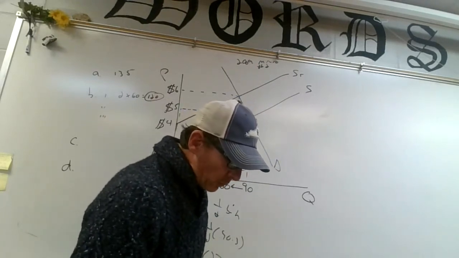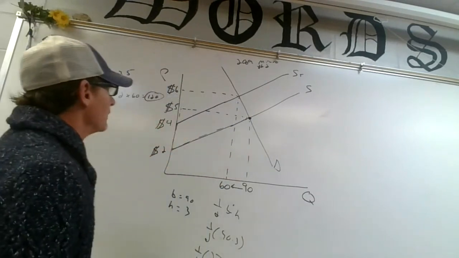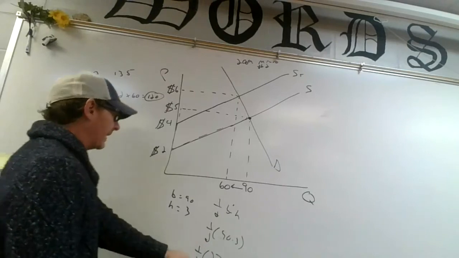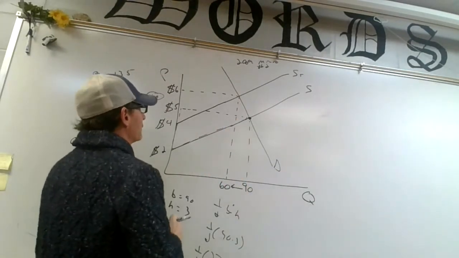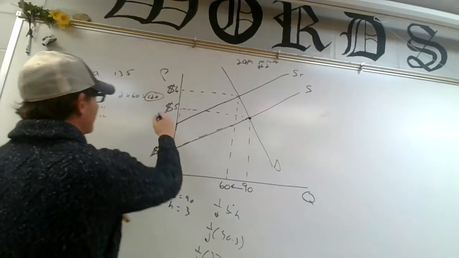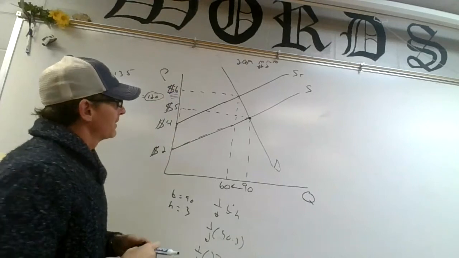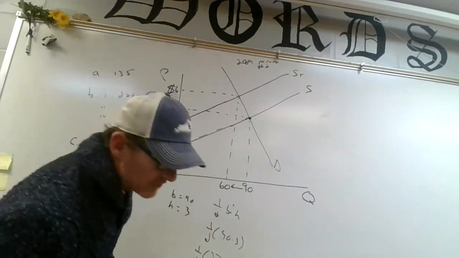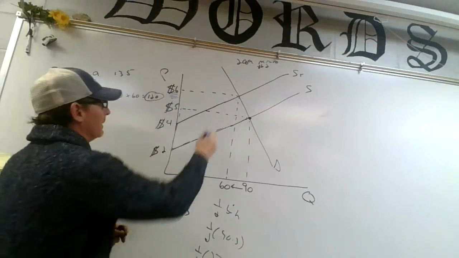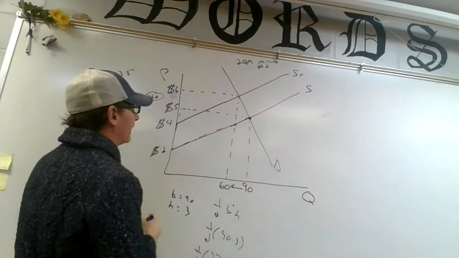Then it says, what is the after-tax price the sellers will keep? You know that this is the supply curve with no tax. With the tax, $6 is the new price, and you can see the quantity hits the original supply curve here.